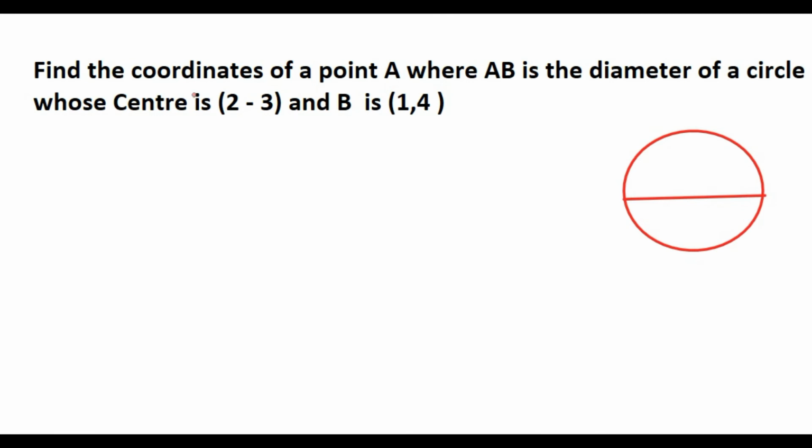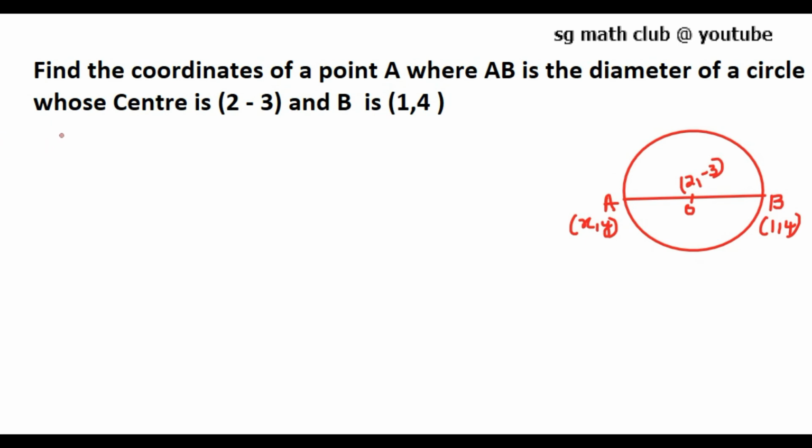So next question, find the coordinates of the point A where AB is the diameter of a circle. So AB is the diameter of the circle. Let O be the center of this diameter and we need to find the coordinates of the point A. We don't know the coordinate of A. Let us mark it as (x, y), and for B they have already given (1, 4), and the center coordinate O also they have given (2, minus 3).